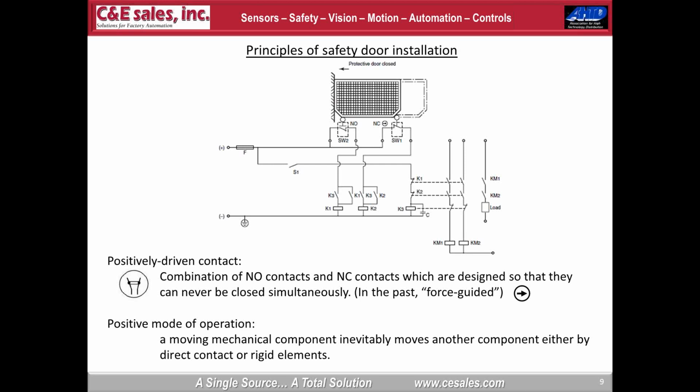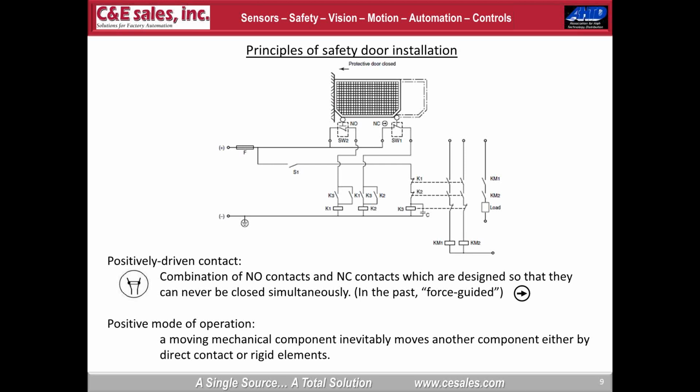The other important consideration in door applications is to use them in a positive mode of operation, which means that the switches that are monitoring the door are actually switched by a rigid connection to something, either the door or the arm that they sense with. For instance, a whisker switch is not a positive mode of operation. In the picture above, if we look at how that door is being monitored, the two switches are actually one switch with a normally open contact that is actuated.